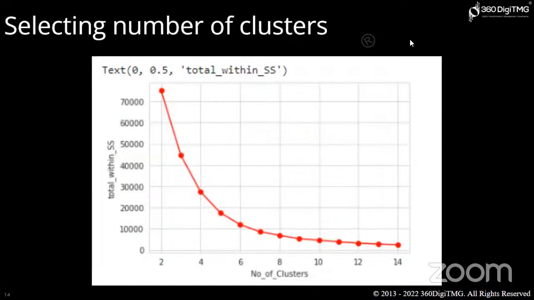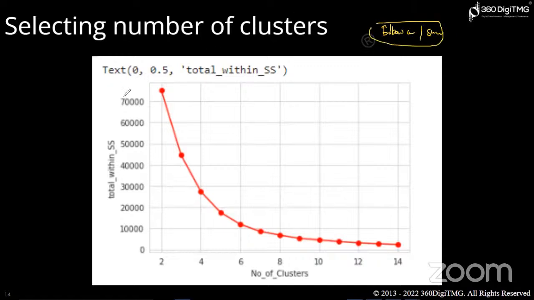So here, how to decide the number of clusters? There is one factor that we need to consider. Here we have taken something called an elbow curve. This is called an elbow curve, or scree plot.